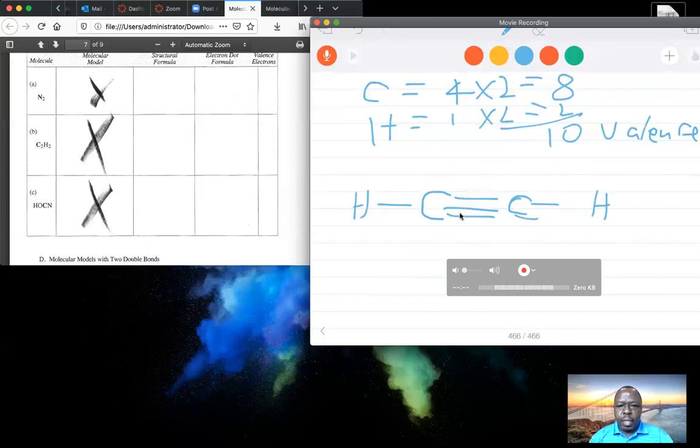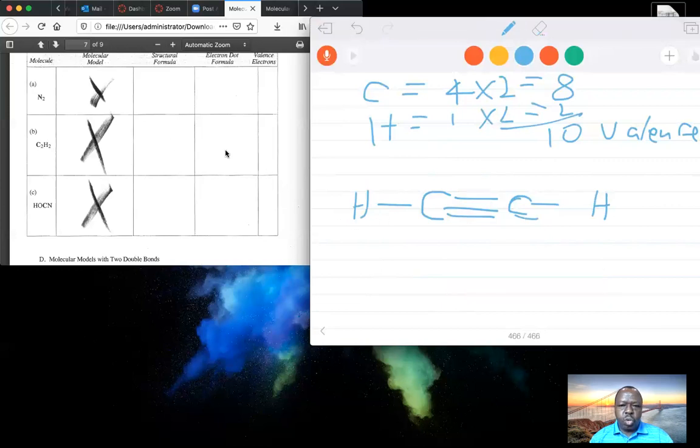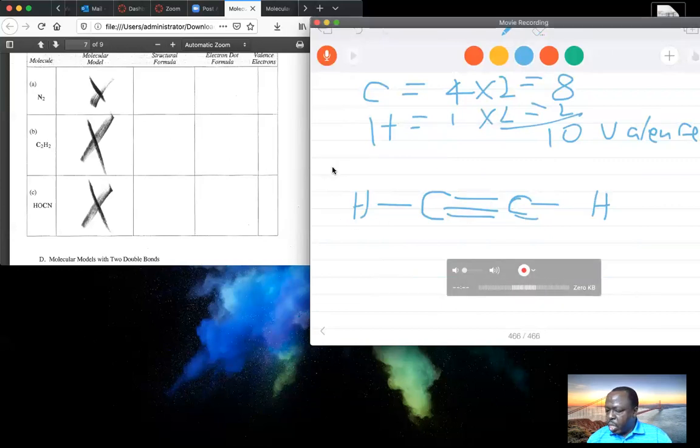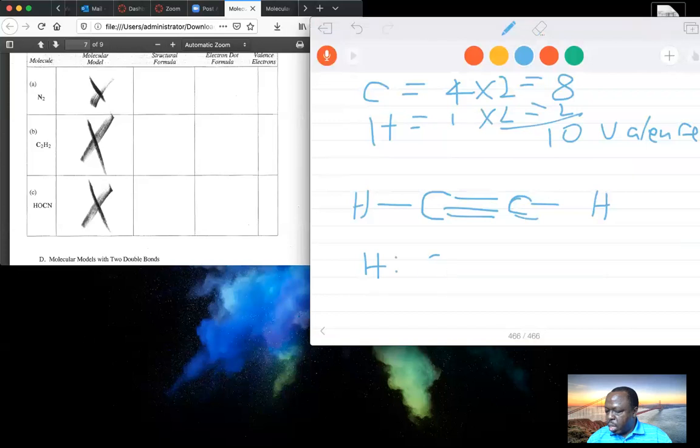The point here is, at most how many bonds do you expect to end up in your molecule? And from there, this is the structural formula. You change these to dots like this.